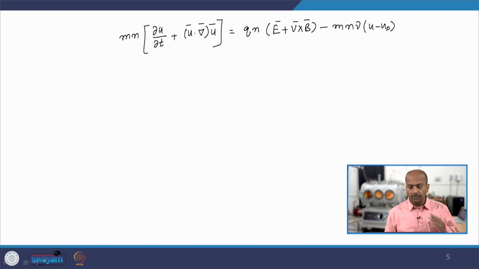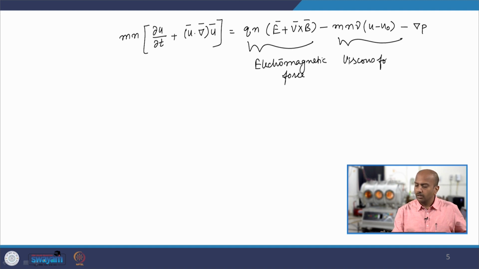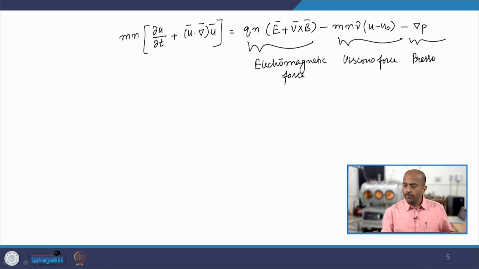Nu is coming from the inverse of the tau. Minus del p, right. So, this is the equation which is valid for the fluids. So, this is the term which takes care of the electromagnetic force. This is the term which takes care of the viscous force, and this is the pressure force.